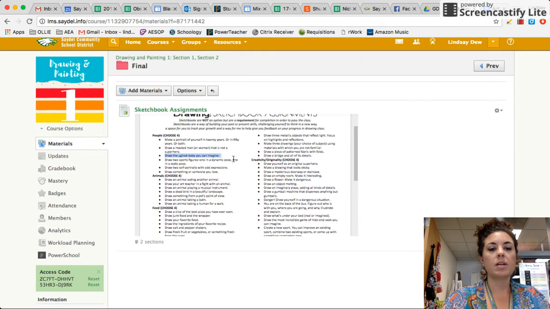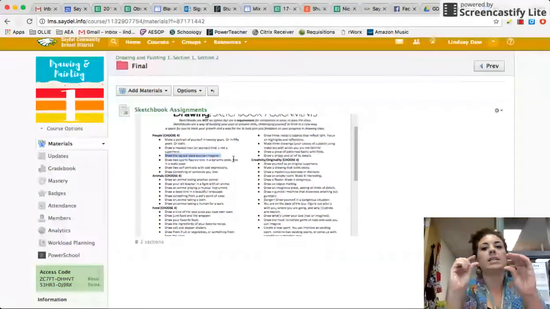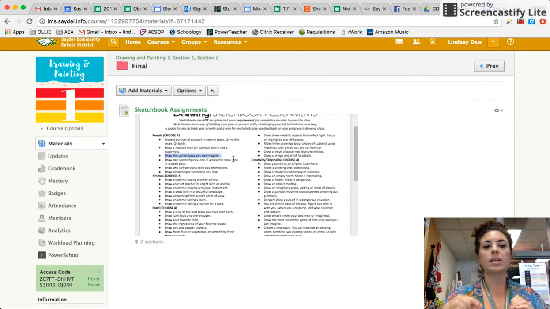I don't want teeny, tiny little sketches. You really need to take the time and draw sketches to be like a half page or larger. This is your time and it's your chance to really shine and show your creativity.